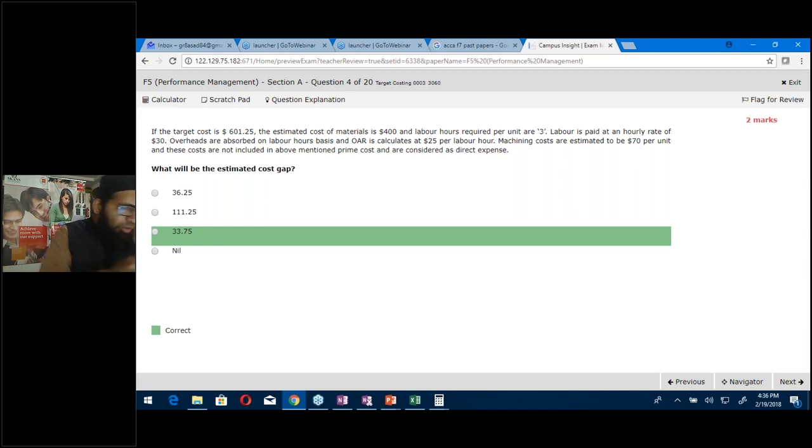Actually, the whole conclusion over here is that the machining cost is the direct expense. Because there could be a doubt whether the $70 is already included in the overhead or not. So over here it has been mentioned.